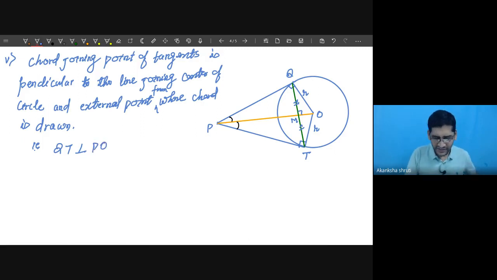A noticeable point is that PM is not equal to MO, but QM is equal to MT.